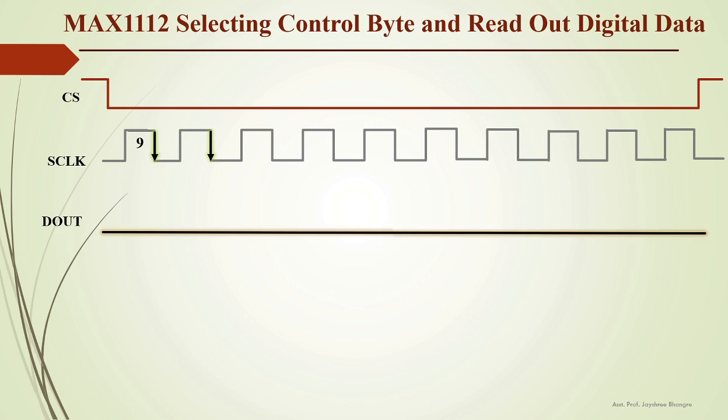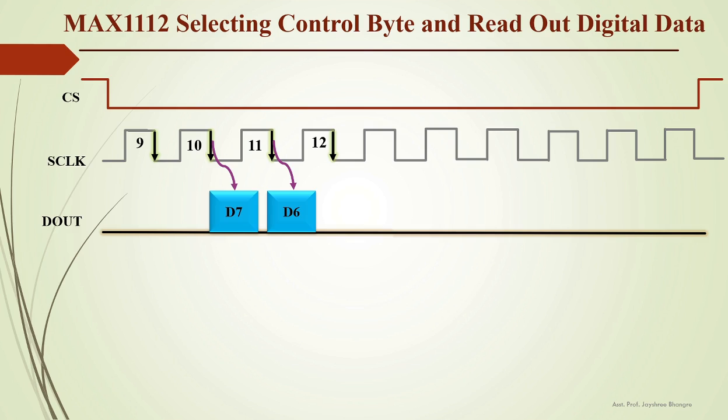After that, at the falling edge of the 10th clock pulse, the first bit, or the MS bit of the digital data, that is bit D7 of the output data, will be read out of the ADC chip. Then for the next pulse, the falling edge of the 11th pulse, the next bit, that is the D6 bit, will be read.